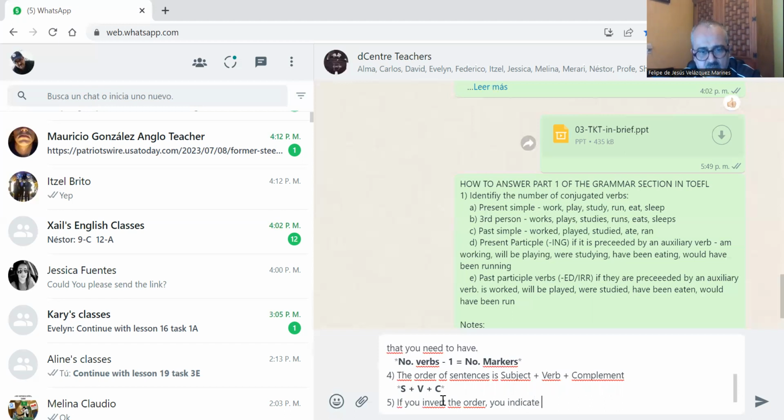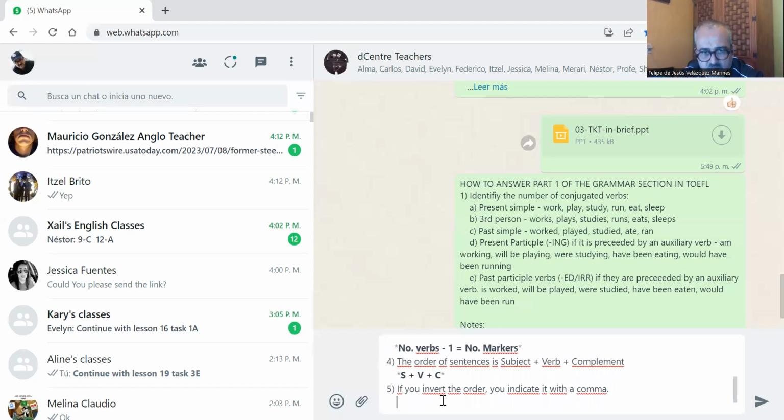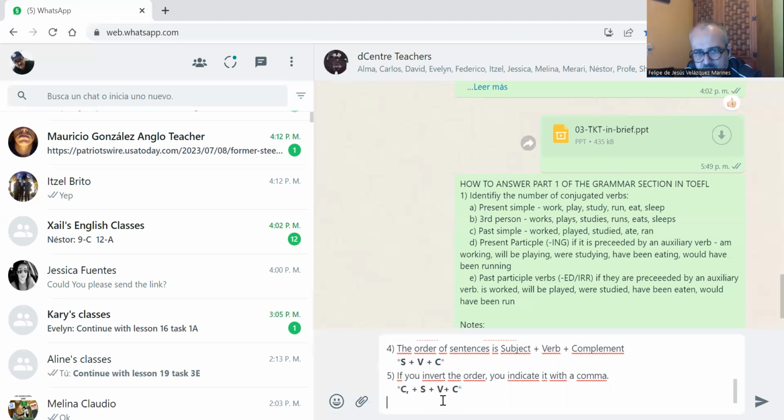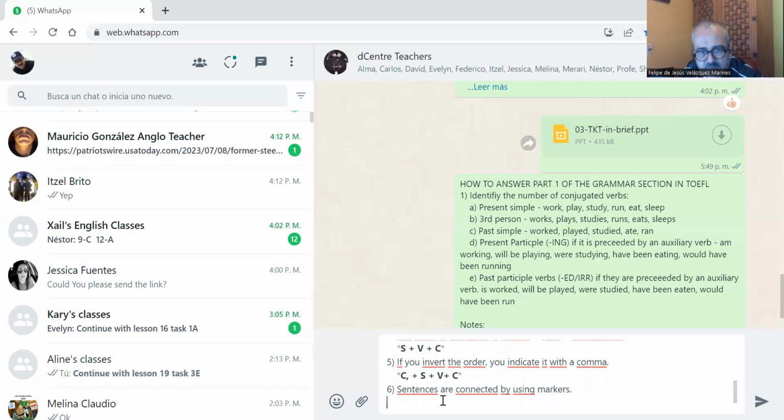If you invert the order, you indicate it with a comma. So you can begin a sentence with complement, comma, plus subject, plus verb, plus complement. Sentences are connected by using markers.